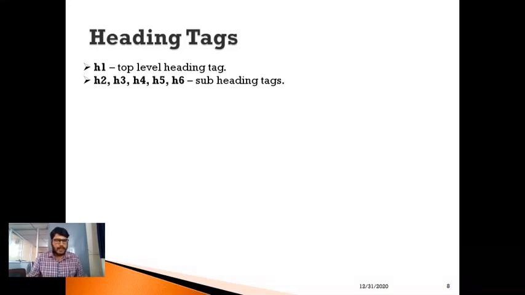In yesterday's class we discussed how we can create a sample HTML code. The general structure of HTML code contains three main parts. The first part is a heading portion, also called the title portion of the document.